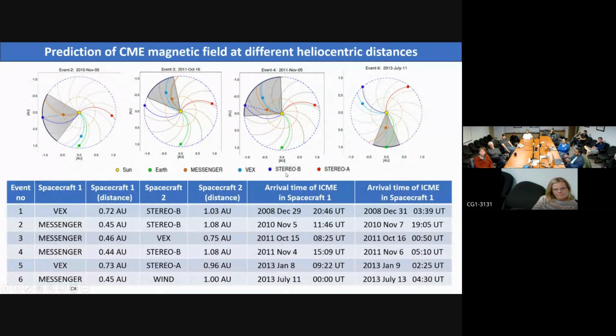So we have these kinds of events where the CME is detected by radially aligned spacecraft. This also includes events with isolated CME evolution, as well as events that were associated with interaction with the solar wind or other structures of the wind itself.